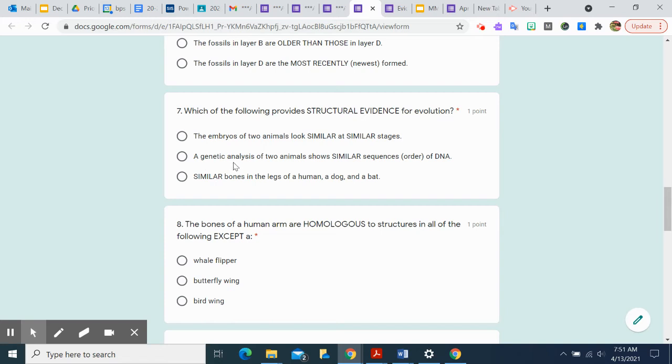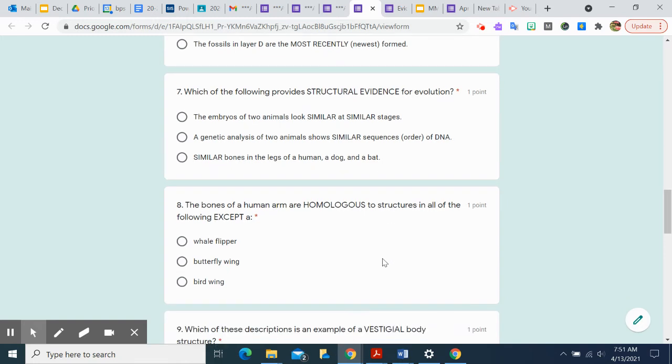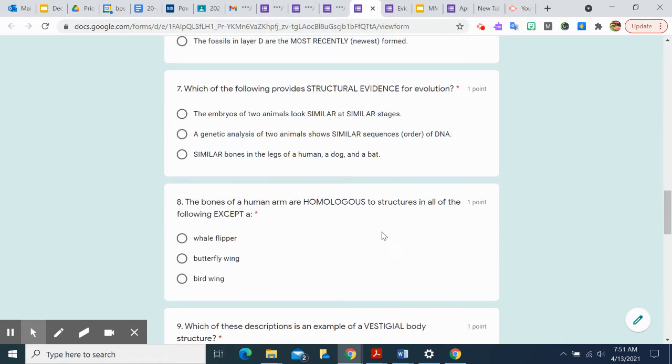A genetic analysis, where they look at the genes of 2 animals, shows similar sequences of the DNA. Sequence means the order of the DNA. Similar bones in the legs of a human, a dog, and a bat. So again, that's structural evidence.